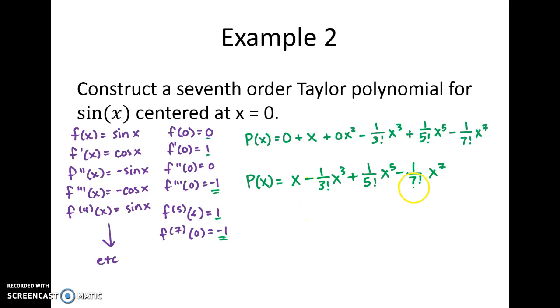It has factorials in it. It shouldn't be surprising to you that the polynomial for sine of x is an odd polynomial, because the sine of x function, remember, behaves like an odd function. It's reflected about the origin. I mean, it's rotational symmetry about the origin.